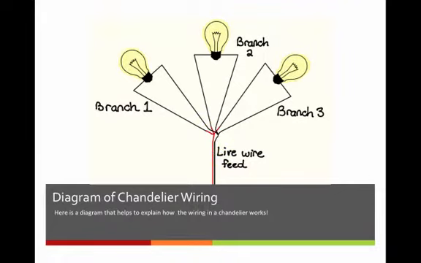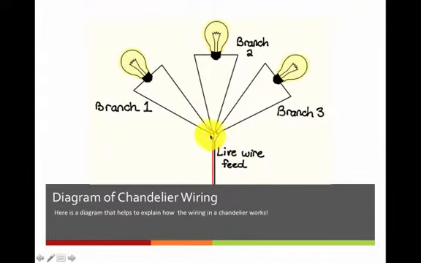So the hot wire feeds up into a branch here, here to the left in branch 2 and in branch 3. And it then goes through the light and then back down and feeds into the other wire, sometimes called a neutral, which then goes back into the wall.